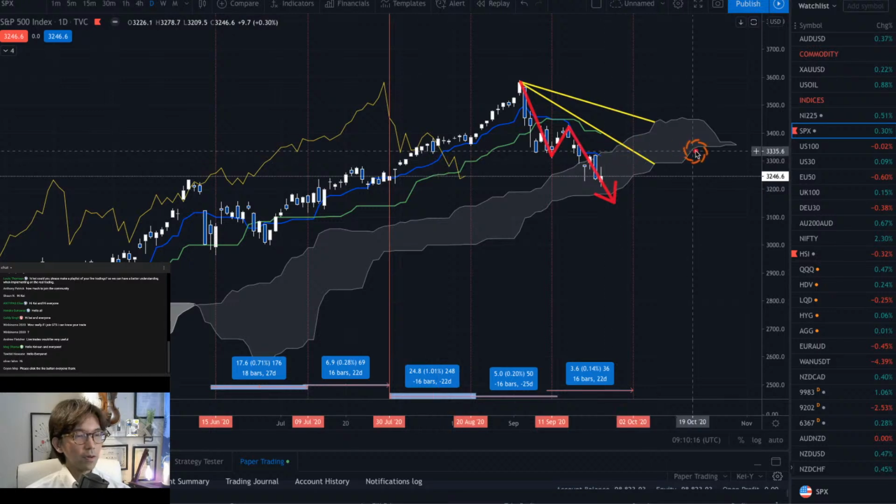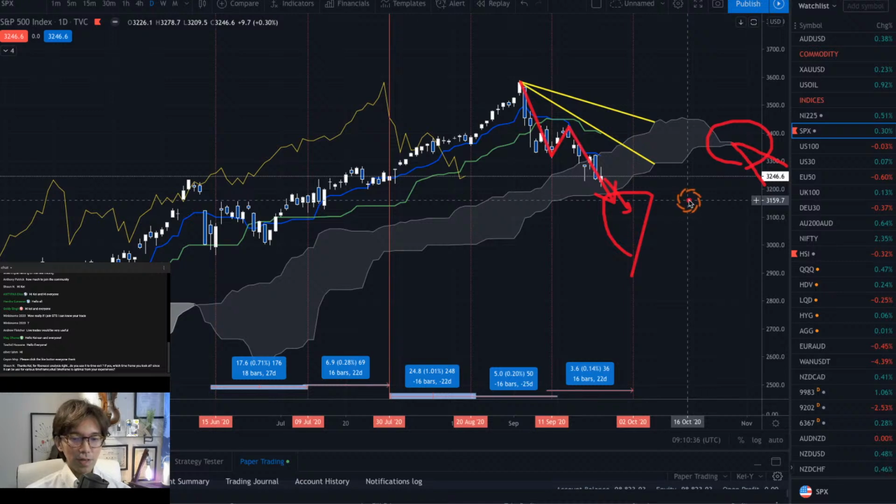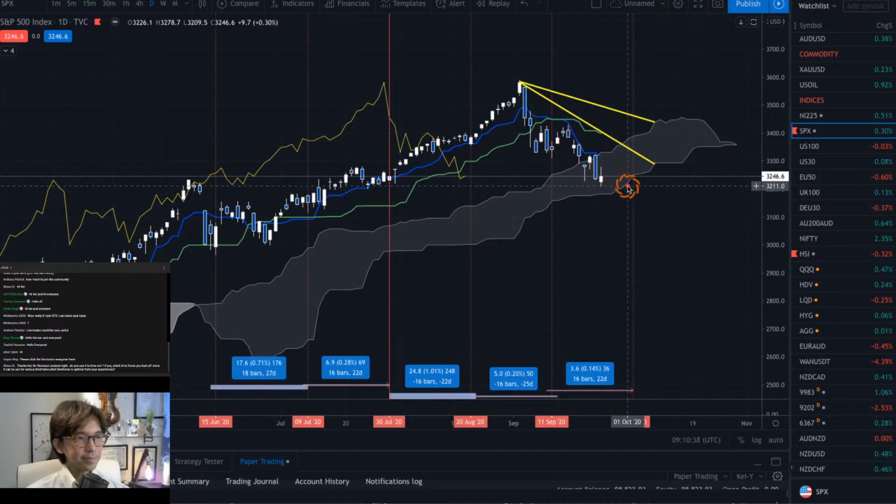So what we are looking for is the Kumo twist. Technically, the Kumo is not twisted yet, so we have to wait for the Kumo twist to the bearish Kumo, and also the Kumo breakout towards the downside, and then we can look for the sell chance afterwards. But now the price is technically within the Kumo, so I won't take any trades on this one based on the daily chart.